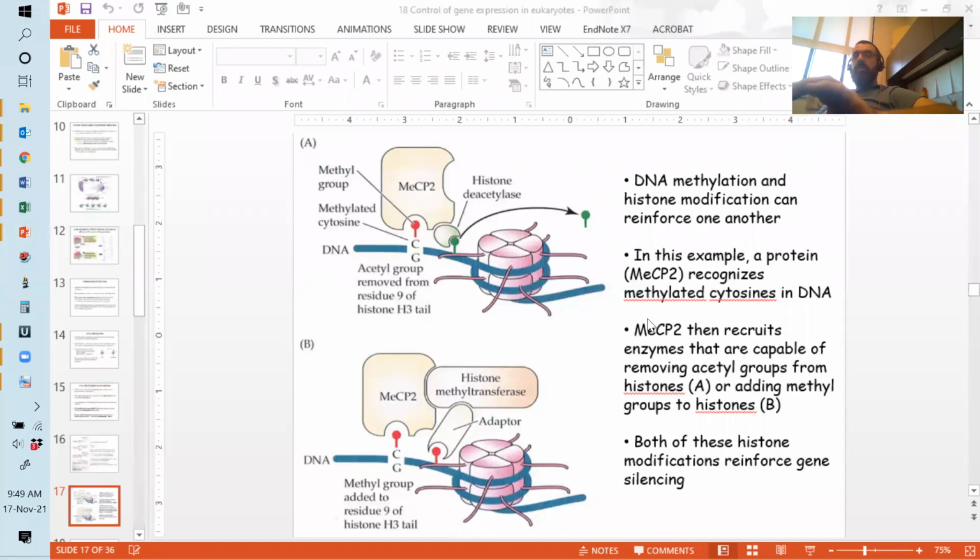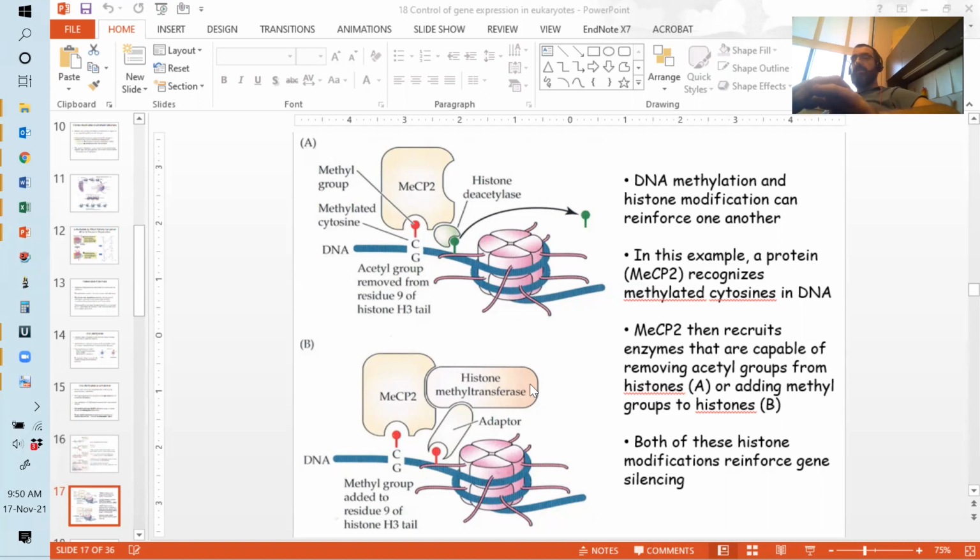Okay, so as you can see here, we've got a methylated cytosine, C, right? This is presumably in, let's say, a promoter. That recruits other proteins, like MeCP2, whatever it stands for, but it recognizes that particular shape of DNA. That then recruits a histone deacetylase, or an HDAC, which removes the acetyl group from the lysine on that histone tail.